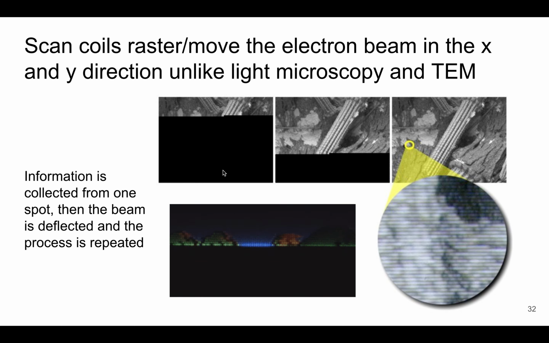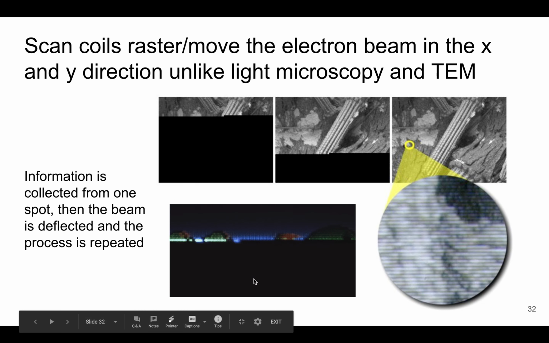If you remember the old cathode ray tubes, or CRT displays, you might have actually seen this before, but it's really similar to how the SEM works. We start the beam at a given point, typically up here in the top left, and we hold at that point for a given amount of time to collect enough signal to generate the image, and then we go to the next one, which is on the right, and we go to the next one, just as this is showing you here.